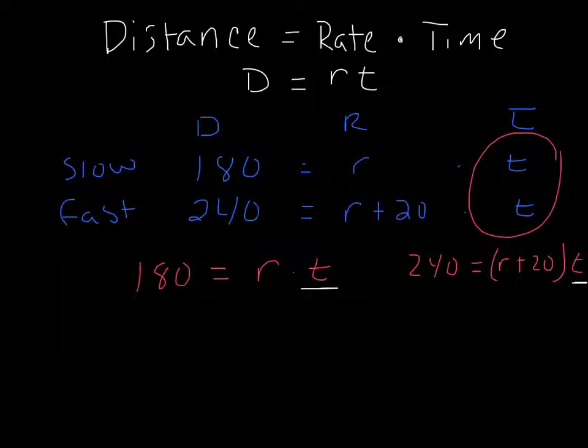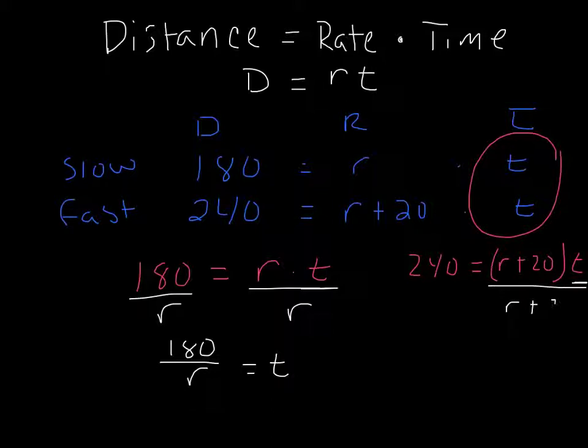How do we get T by itself? We divide by R. If we divide by R on both sides, you get 180 over R equals T. Over here, we divide by R plus 20, because those go away, and do the same thing.